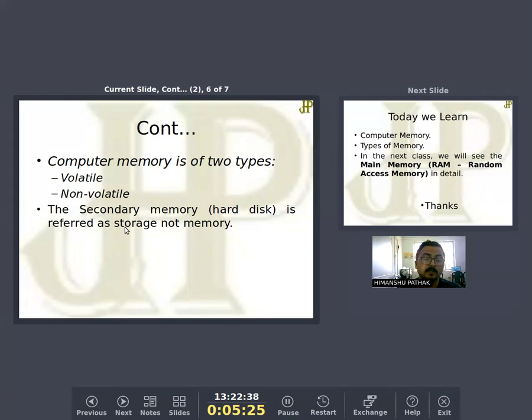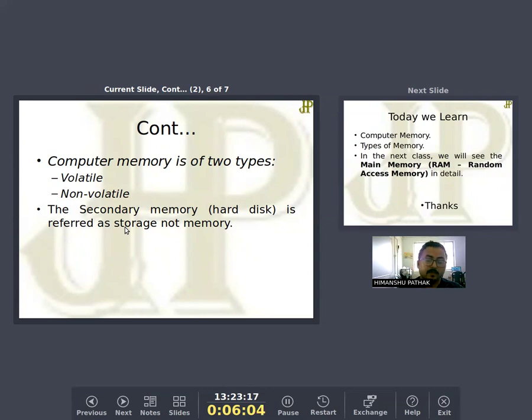You cannot get the data back from volatile memory. But in the case of non-volatile, if power to the system is gone, the data stored in the non-volatile memory is still saved. So volatile means data vanishes when power is off. Non-volatile, all the data are kept safe.